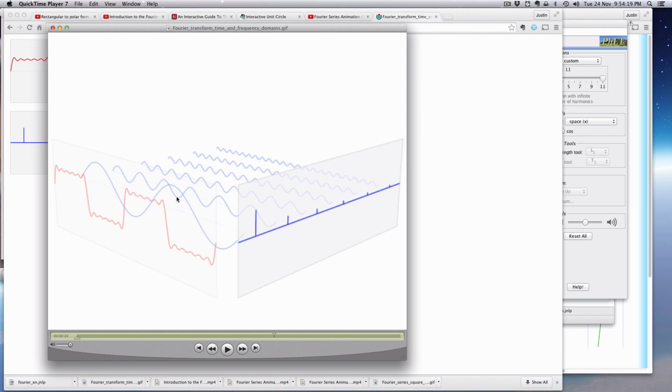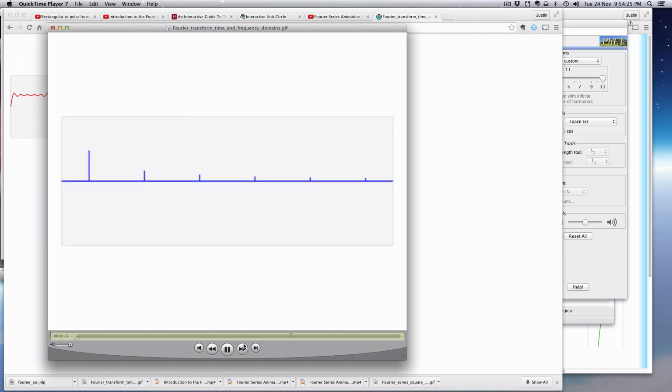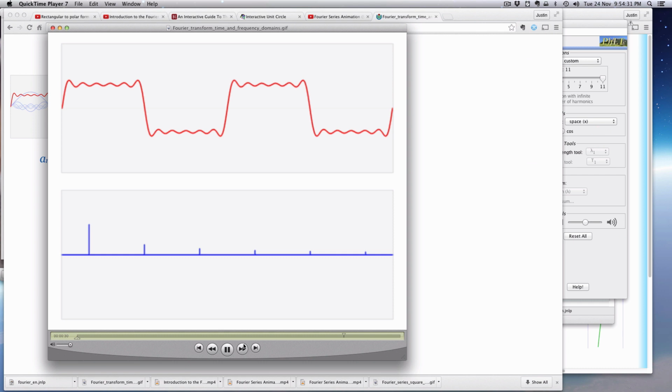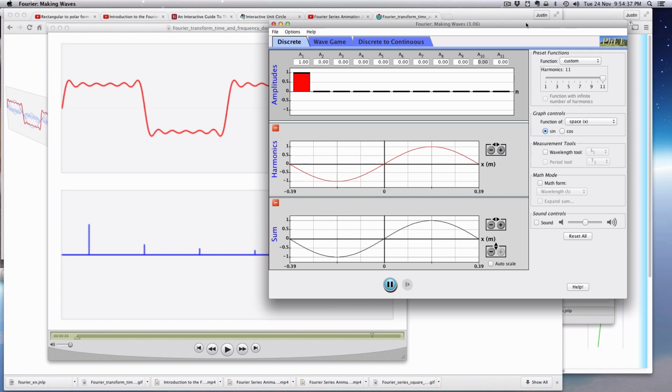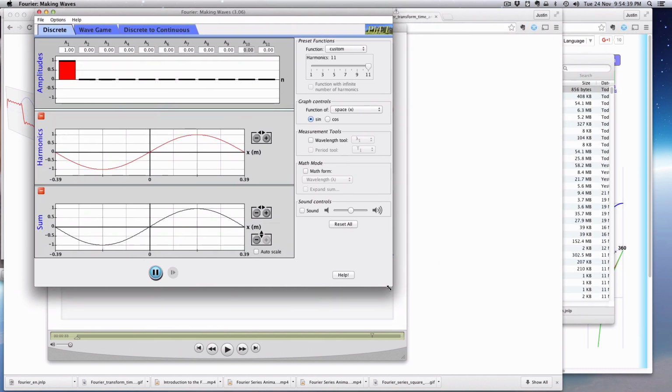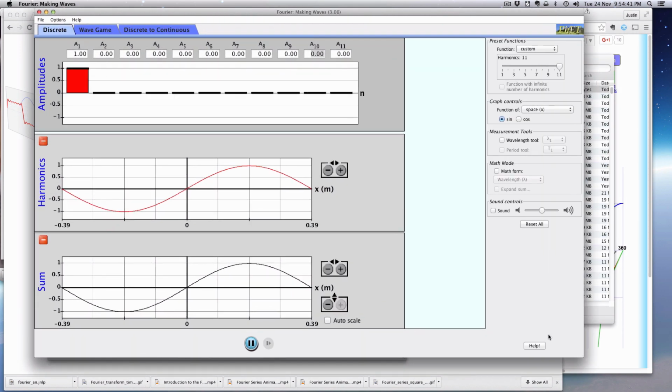And you have their frequency, which you can see by their speed here, and then their relative amplitudes to each other. So that's frequencies and amplitudes.